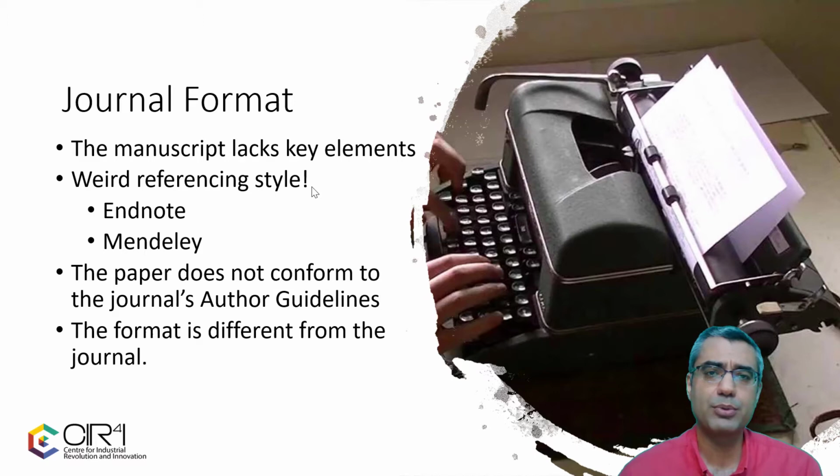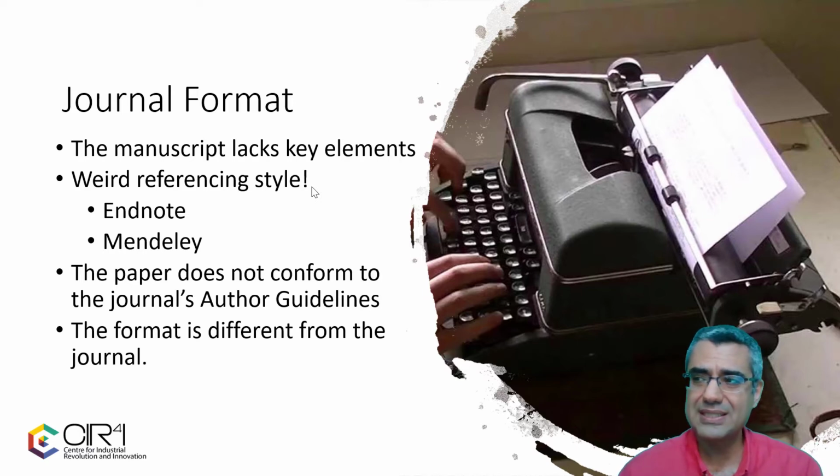Another one is, for example, referencing styles. I understand that styles like APA, Harvard, Chicago, and many others are different. But if the journal is giving you freedom to choose any of them, you need to be consistent. For example, if you want to use APA, it should be APA, right? And you should be very careful in applying the referencing style, right?